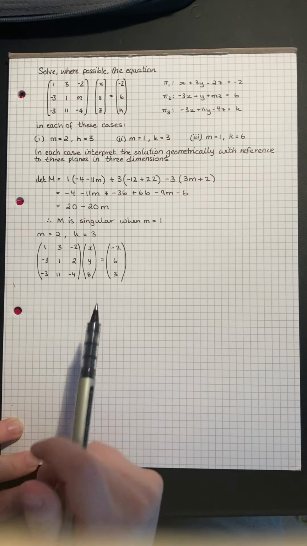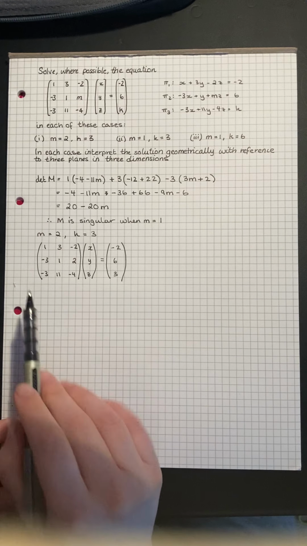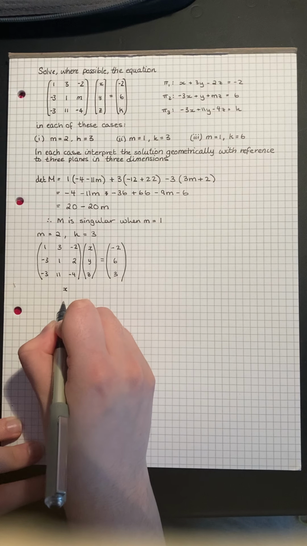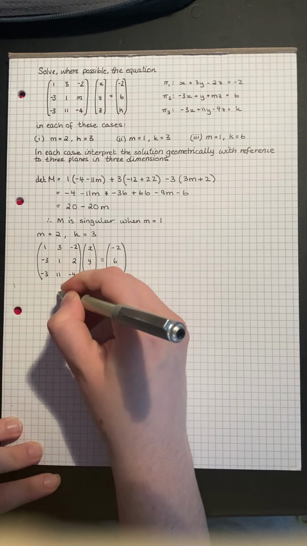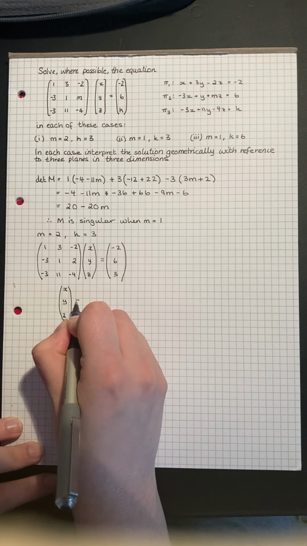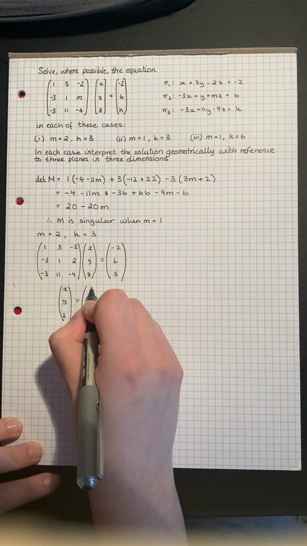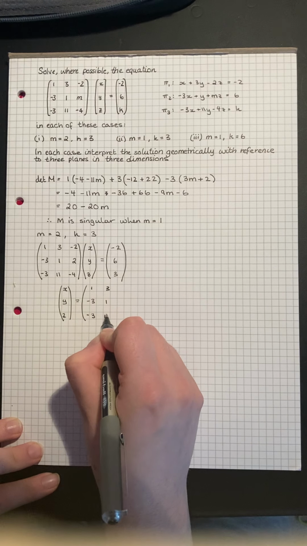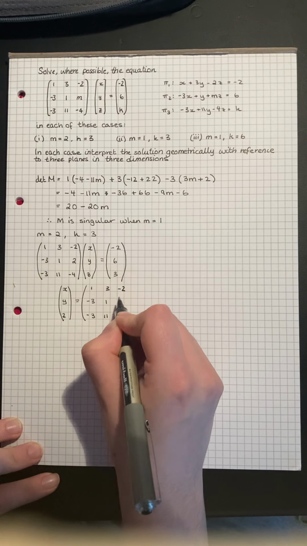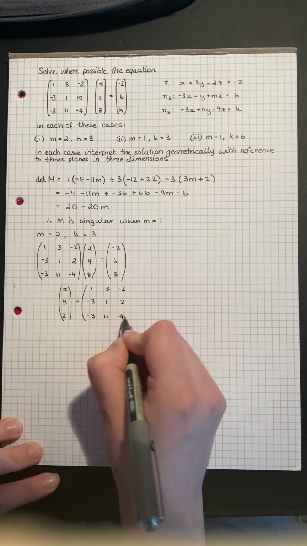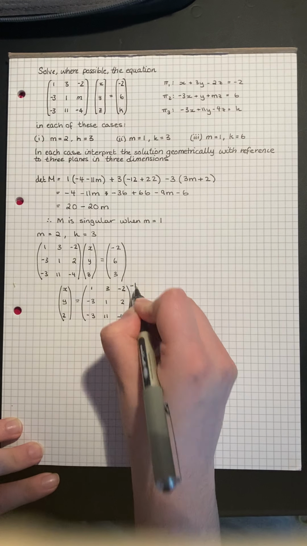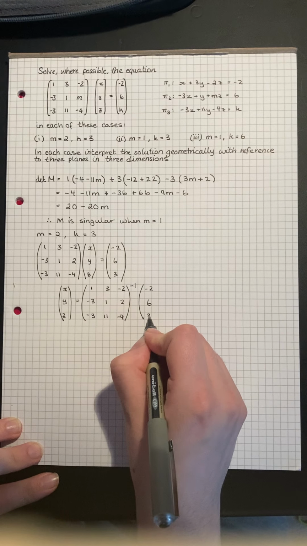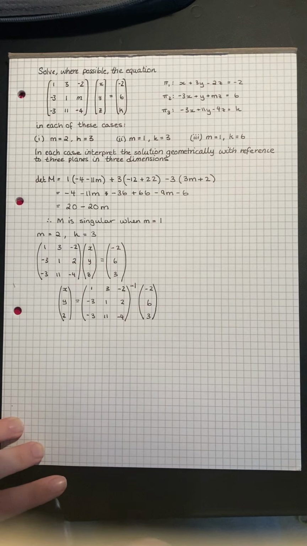And now we can solve this equation by actually just multiplying both sides by the inverse of this. So that is going to leave us with x, y, z equals the inverse of that times by that, and that will give us the answer.